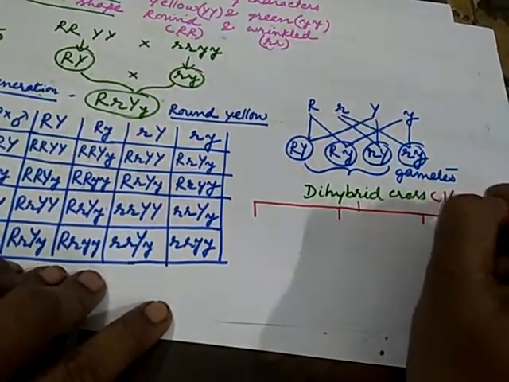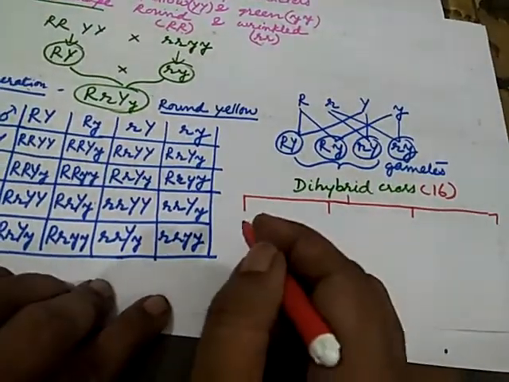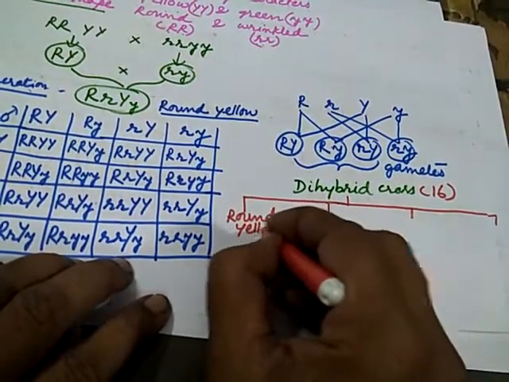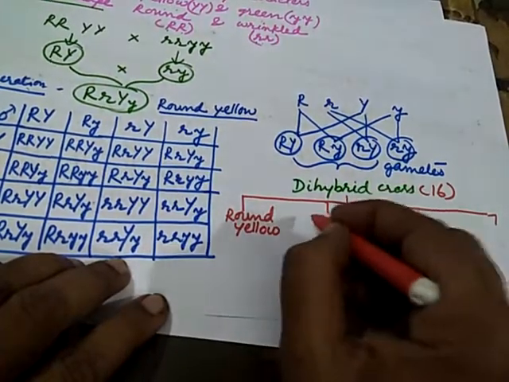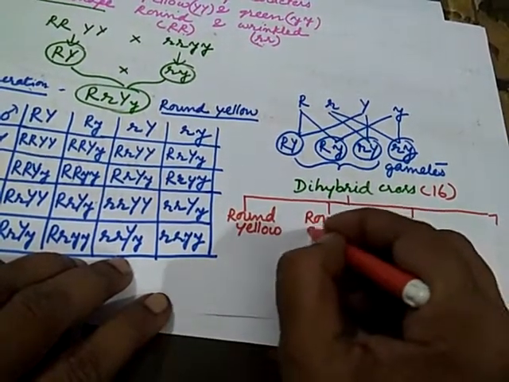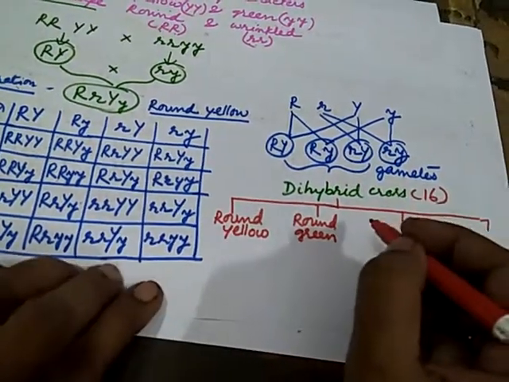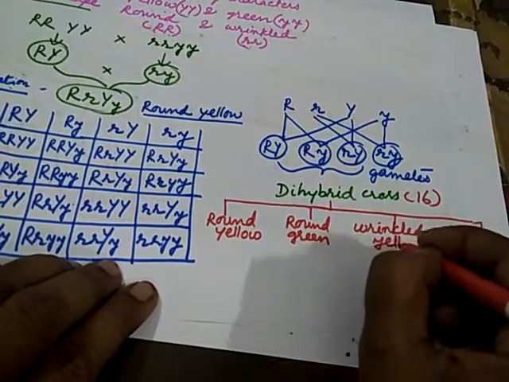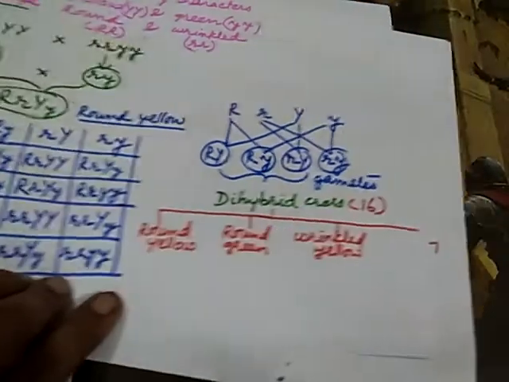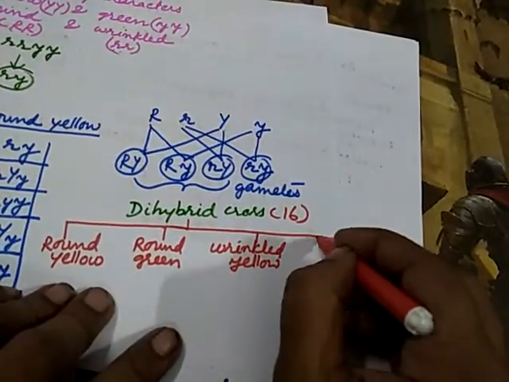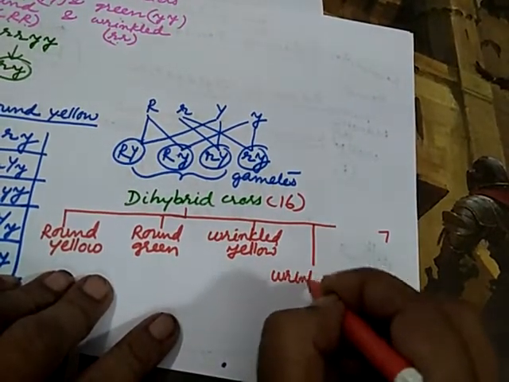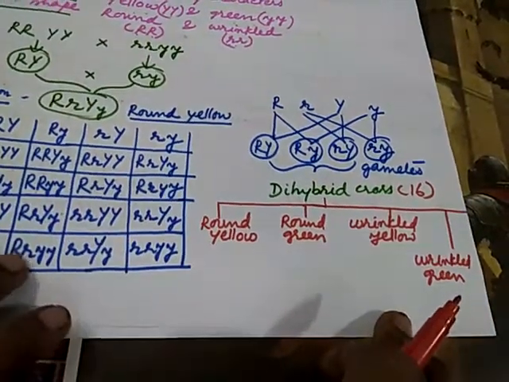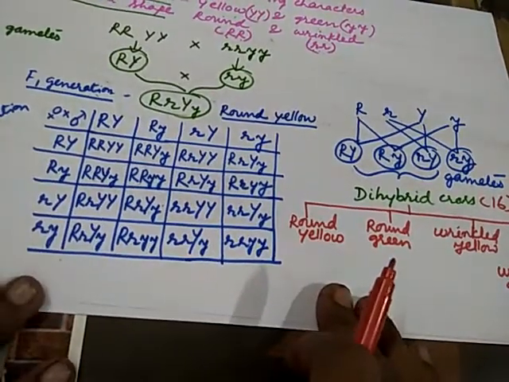What cases will we get? Total number of cases is 16. Out of that we will calculate round yellow, round green, wrinkled yellow, and wrinkled green. These are the four cases we get.